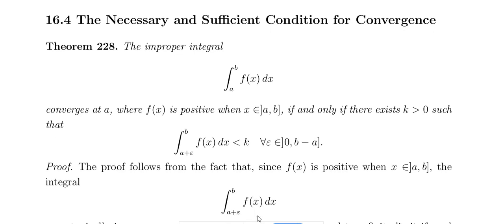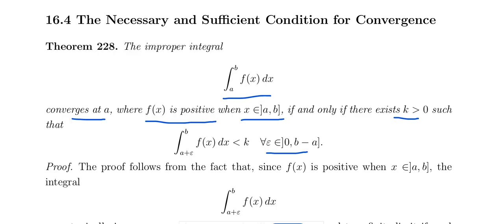The integral a to b of f of x dx, where f of x is positive, converges at a, where f of x is positive and x belongs to the open interval a, b, if and only if there exists k greater than 0 such that the integral a plus epsilon to b of f of x dx is less than k for all epsilon belonging to 0, b minus a.